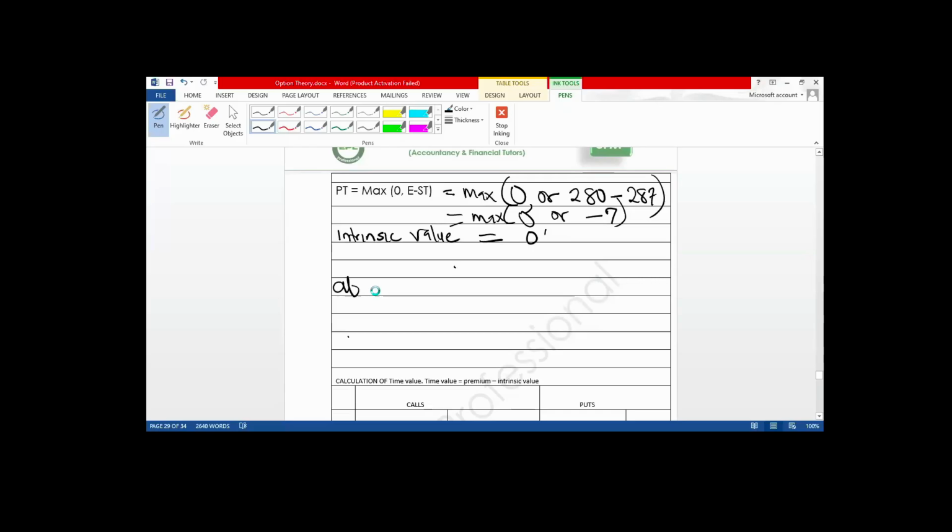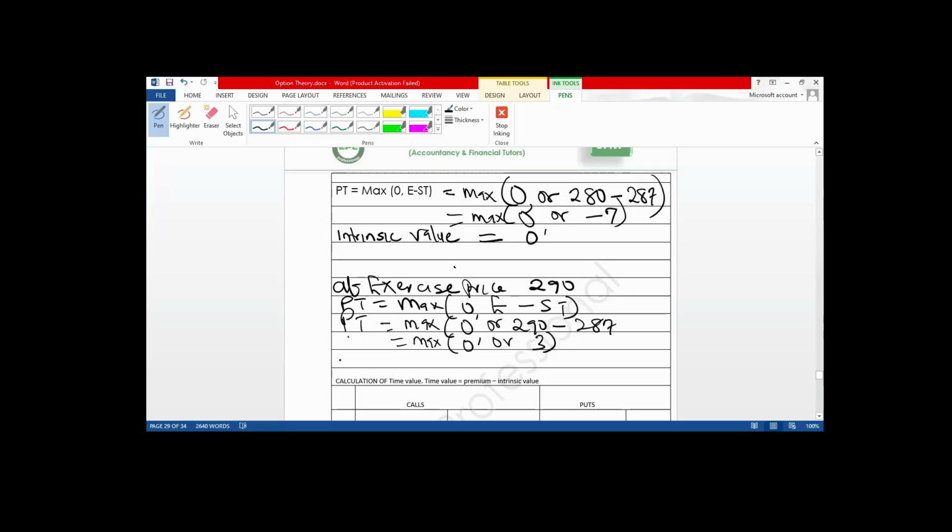Then at exercise price 290, put intrinsic value is equal to maximum of 0 or exercise price 290 minus stock price 287, maximum of 0 or 3.